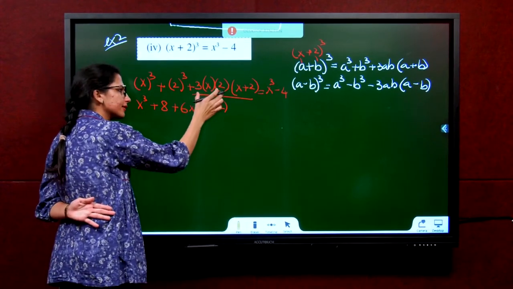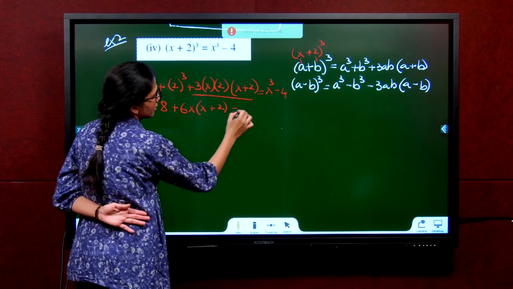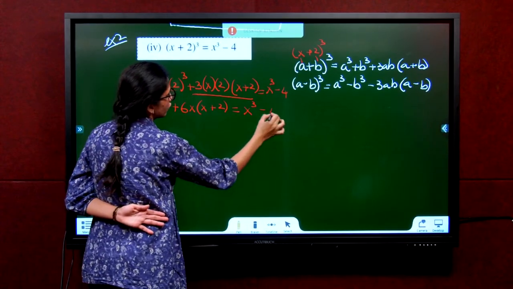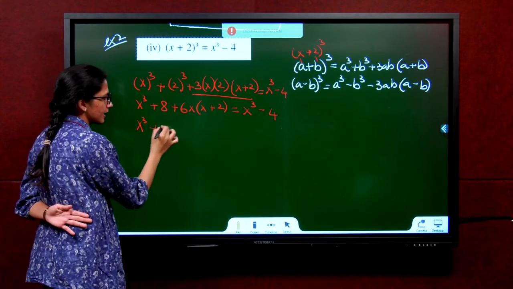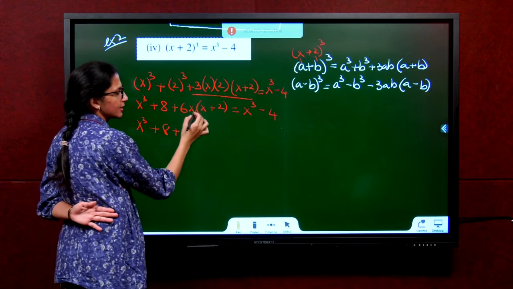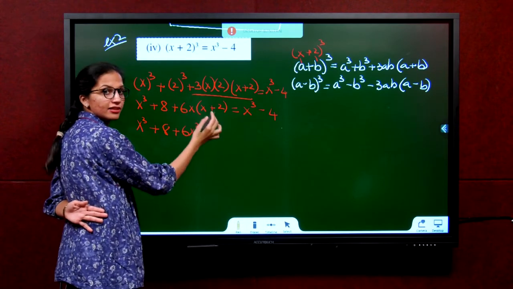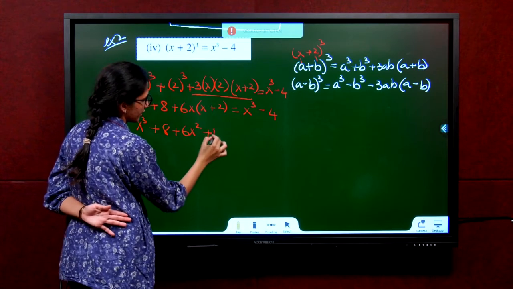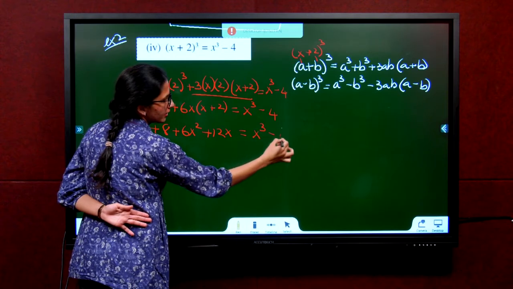First multiply this, then in the next step we shall go inside the brackets. Is equal to x cube minus 4. So x cube plus 8 plus 6x into x, 6x square, 6x into 2, 12x is equal to x cube minus 4.